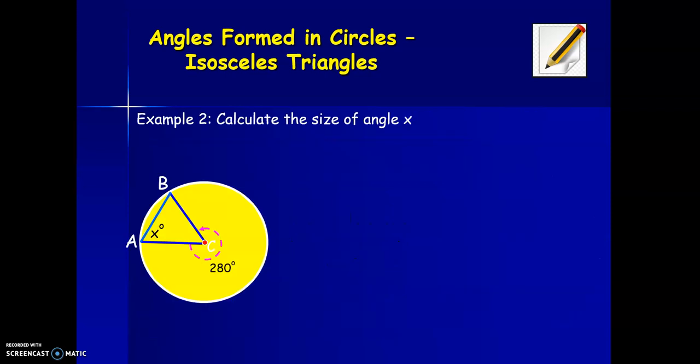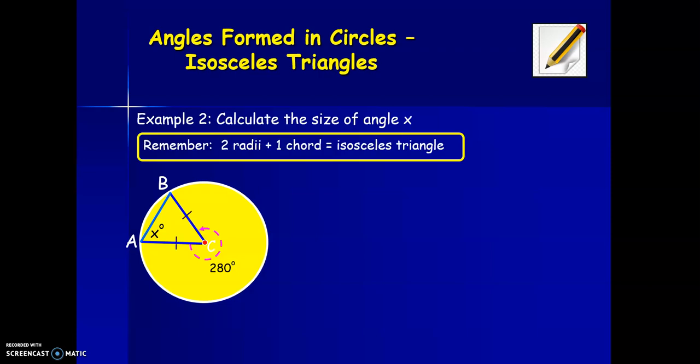Let's look at a second example. So this time we're asked to calculate the size of angle X. In order to do that, we need to remember that 2 radii in a chord equal an isosceles triangle. So let's take the triangle out and label it. We can see from our original diagram that CA and CB are the radii, so these are the equal sides.